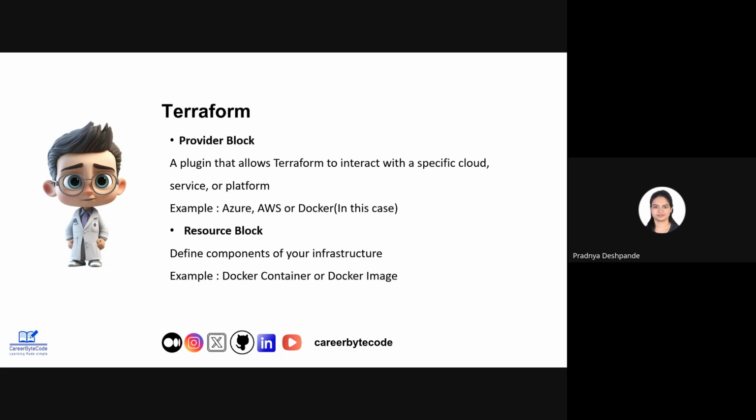But how will Terraform get to know on which platform that needs to be deployed, or where exactly that resource needs to be created? So here, the provider block is important. If you want to use the Azure cloud, you need to mention Azure as your provider in your provider block.